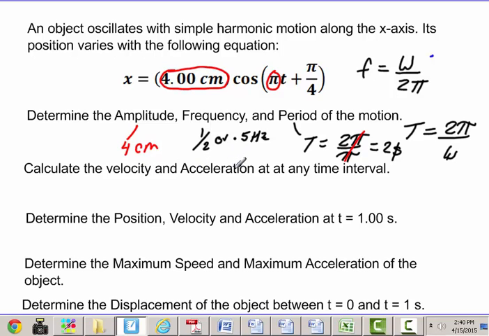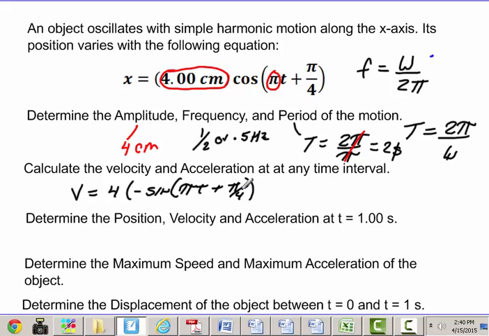Okay, to find the velocity and acceleration at any time, all you're going to do now is take the first derivative of this equation here. Velocity here would equal 4, and I'm going to do this with the chain rule. So I'll take 4 times, now the derivative of cosine is going to be negative sine times omega t plus my phase shift of pi over 4.